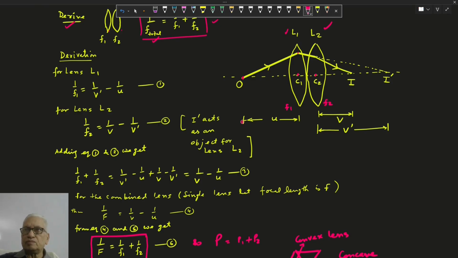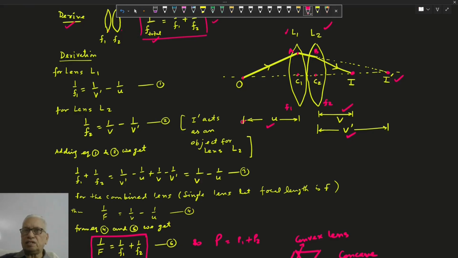Suppose the incident ray OA from the first lens is converging and finally making image I dash, which is the intermediate image for the first lens. For the second lens, this I dash image acts as the object, and the final image is formed by both together. U is the object distance, V dash is the intermediate image distance, and V is the final image distance.